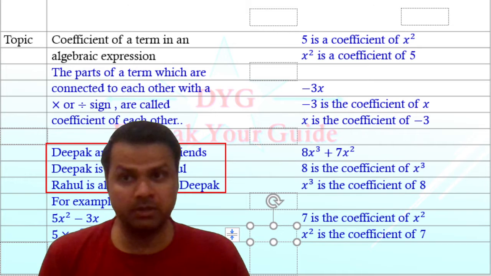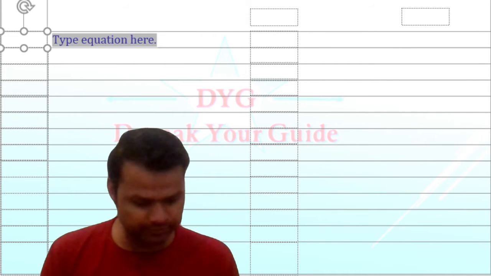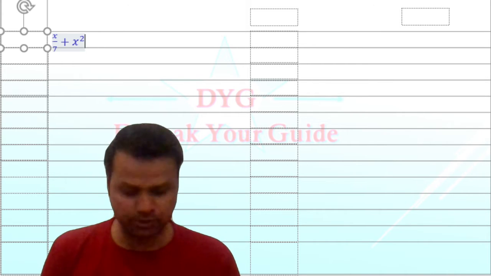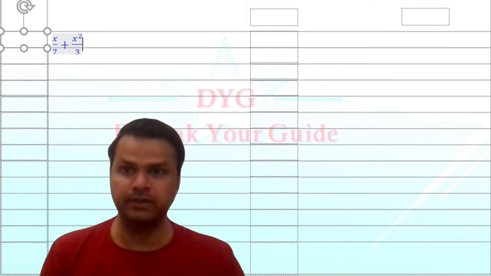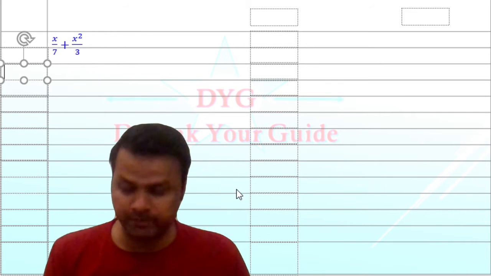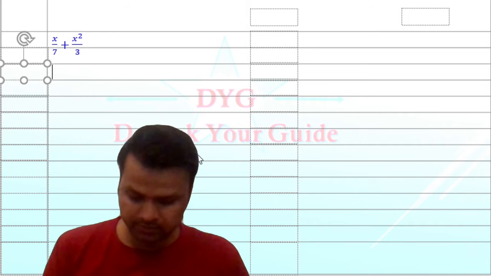Now let's look at the example if we have division. Then what can we see? So let's say I have plus x squared divided by 3. Now when we have this, see what can I do here? This x divided by 7.